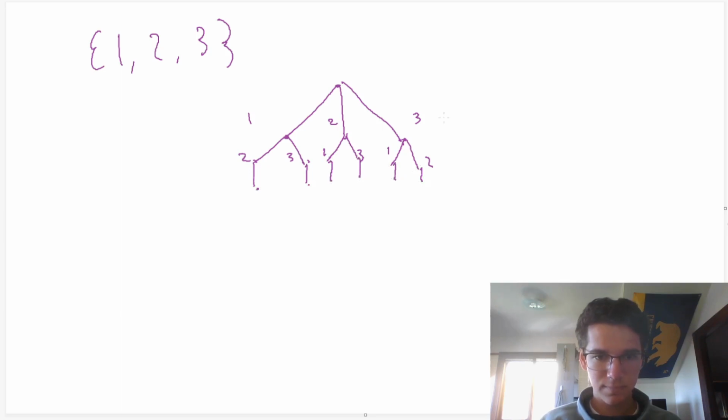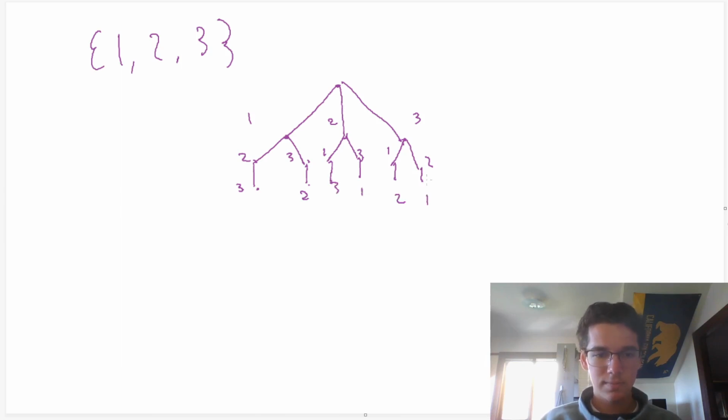If we have 1 and 2 in our set, then the only other element we can add is 3. If we have 1, 3, then the only other element is 2. I'm just going to fill in the rest.